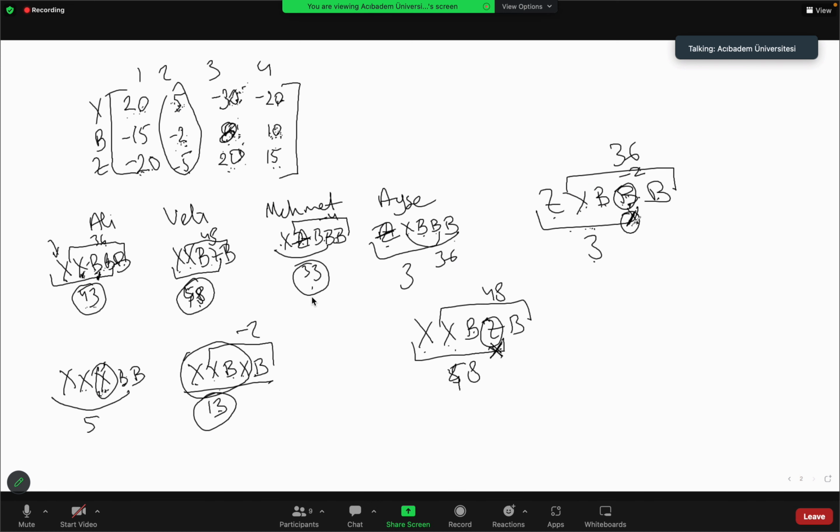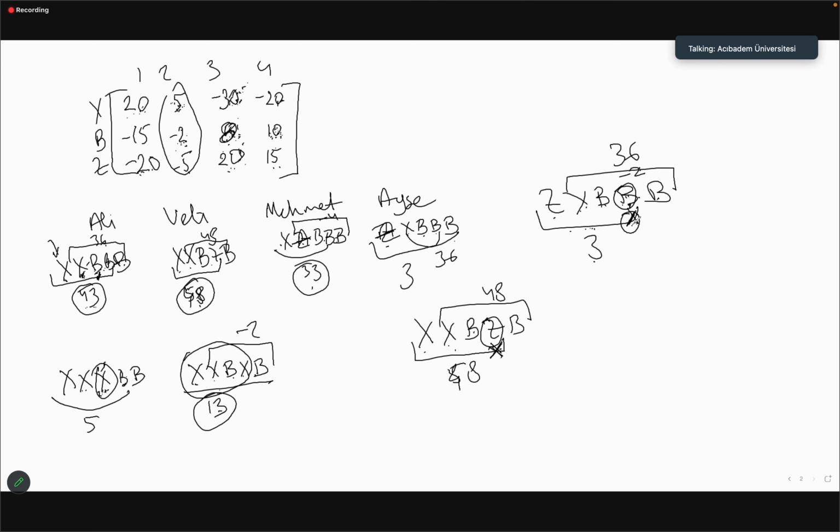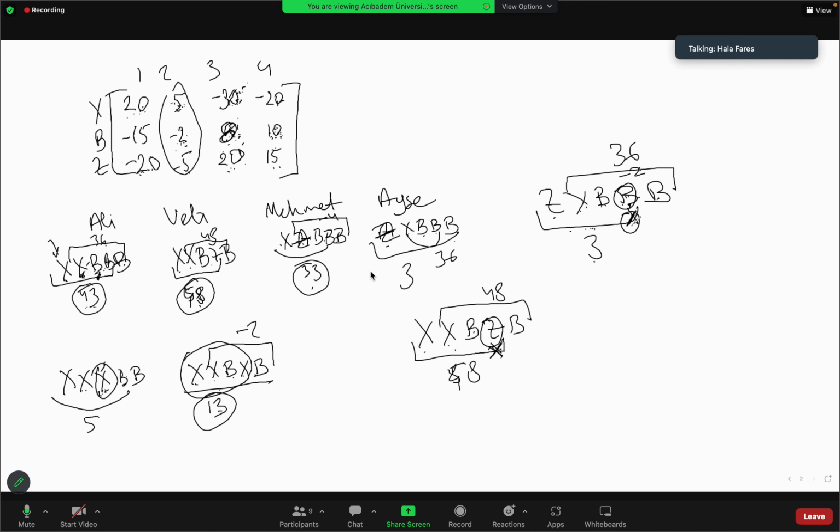Even weak activity will prevent you from the disease. So Aisha will still carry it out even if it was only positive 3 and negative 36. Yes. Okay. So the only way to have the disease is not having a positive score. If you have a score of 0 or negative, that means you have a disease. Okay. Thank you.